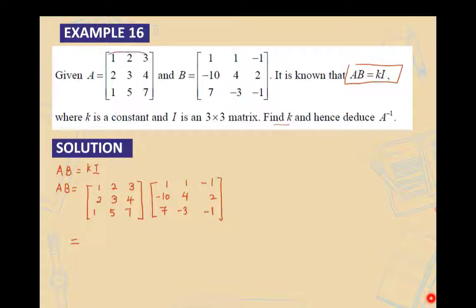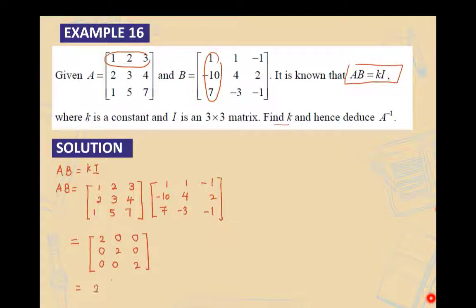Okay, so multiplication. We are going to take row multiply the column. When you multiply row with the column, the first element that you are going to get is 2, followed by 0, 0, 0, 2, 0, 0, 0, 2. Now we have to write this in the form of kI.